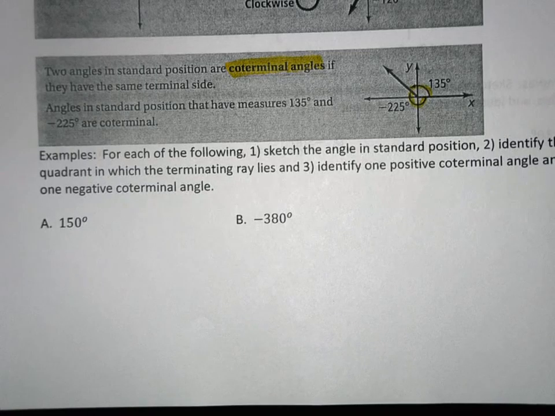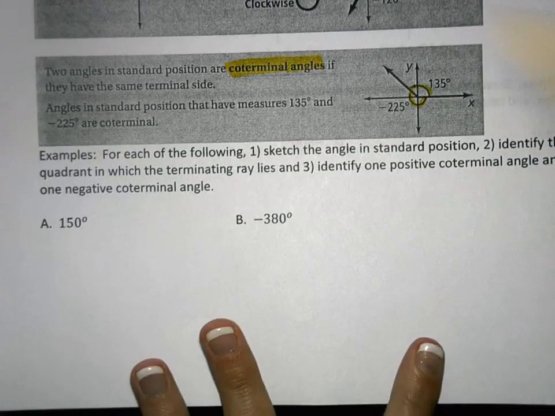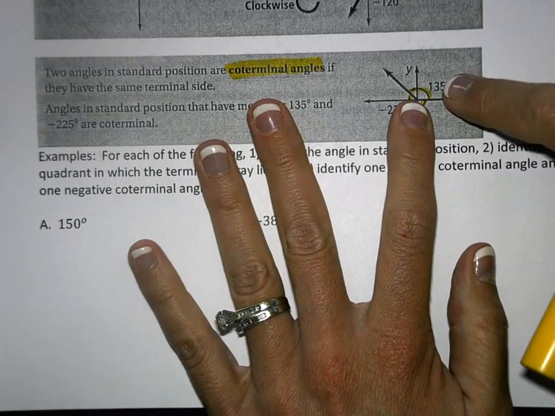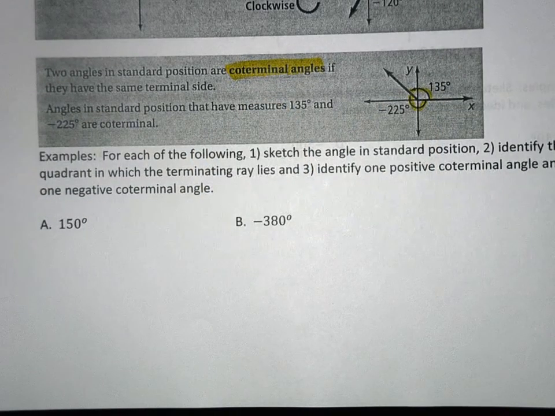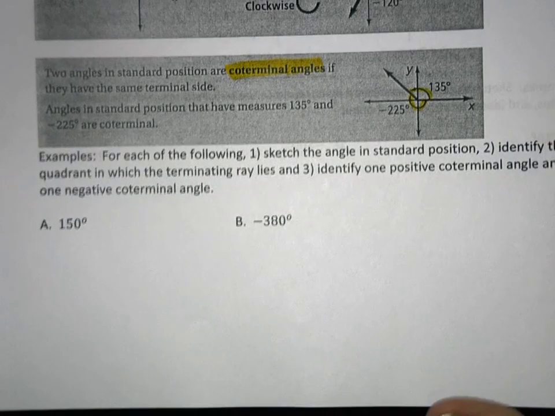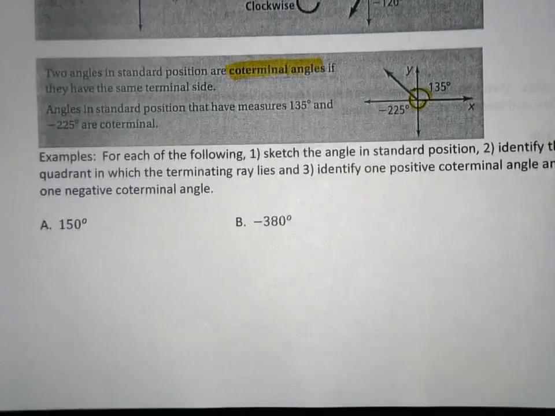So they each have the same terminal side, but they're different angles, okay? How could I find, if I only had the 135 degrees, what would I do to find the coterminal angle? Subtract from 360. Good.